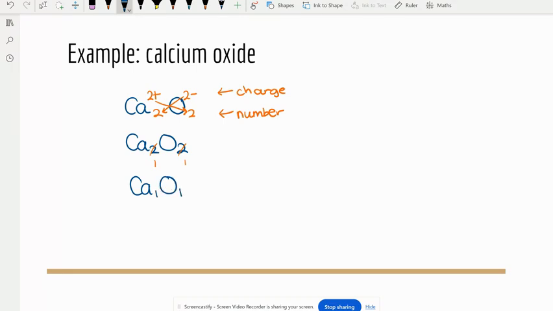Oxygen, I have 1. But do you need to write the ones? No, we just said you can leave out the ones. So let me get rid of them. So there is your final answer. When you can reduce your subscripts to lower numbers by dividing a common number out of it, you want to always reduce. Okay? So I had to reduce.